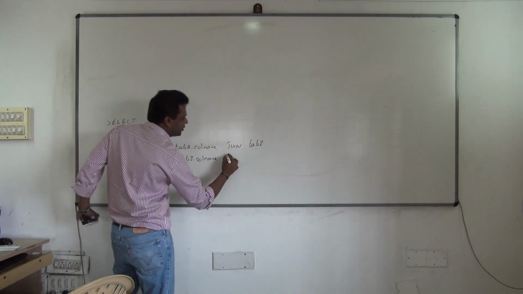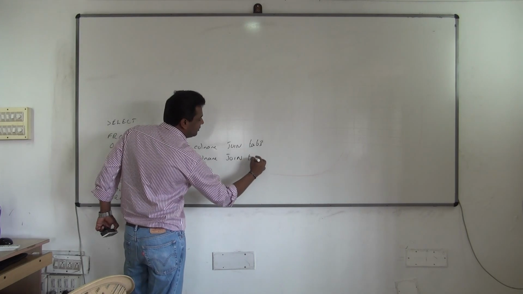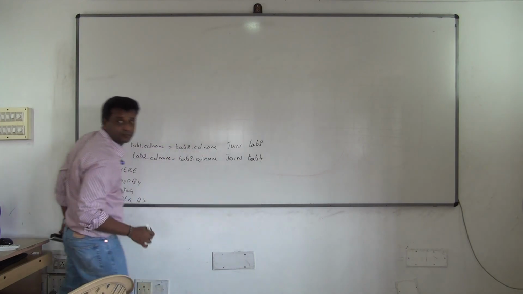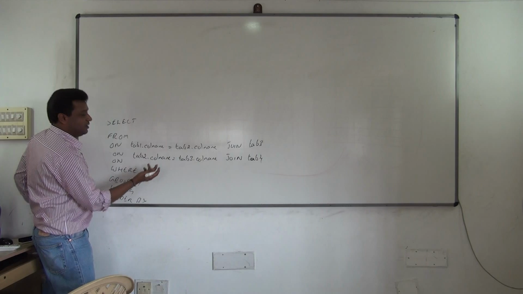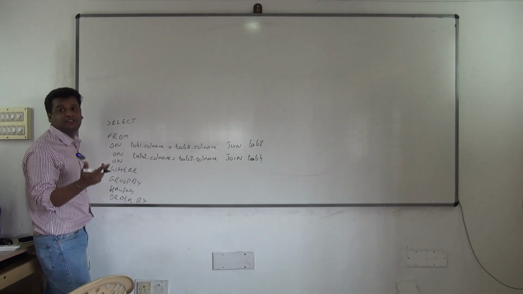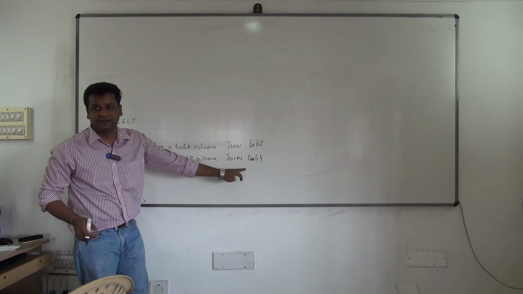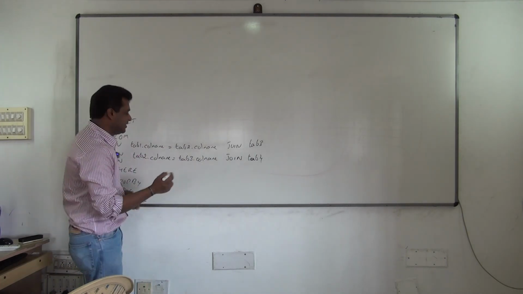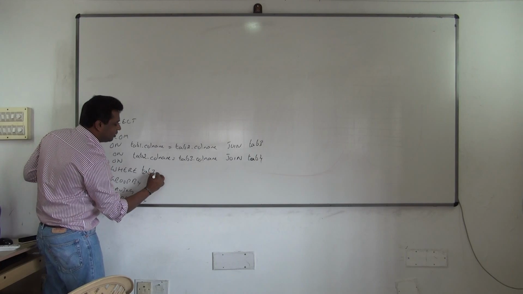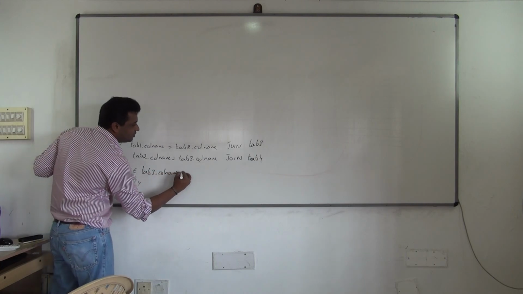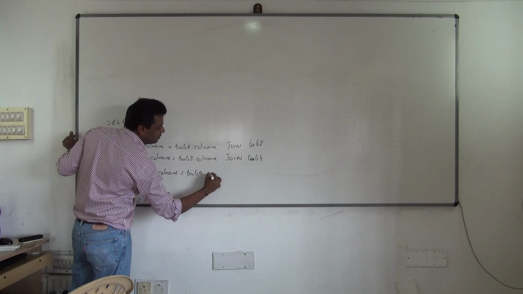Again, if you want, you can join it with one more table. Which one? Table 4. Again, 3 tables are there. Which column of which table do you want to join it with? Which column of the fourth table? Some common thing should be there. Understood? So assuming that it is there in the third table, table 3 dot column name is equal to table 4 dot column name.